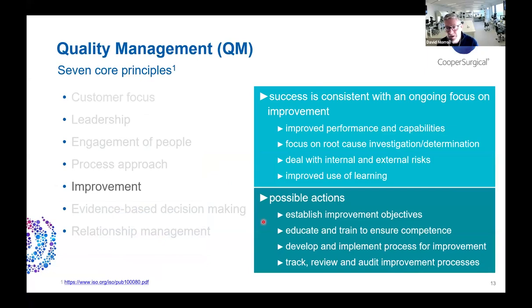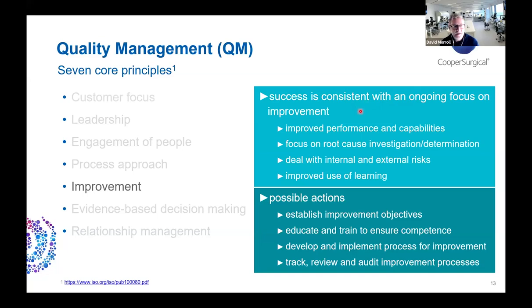Okay, the other principle that we've mentioned is the principle of improvement. So again, looking at the ISO document, the headline message here is that being successful in whatever you're doing is consistent with an ongoing focus on improvement.